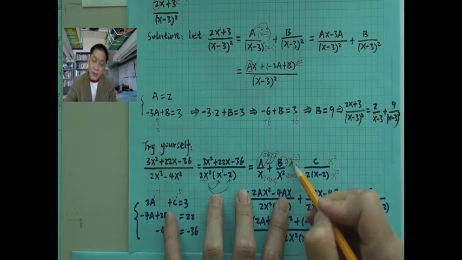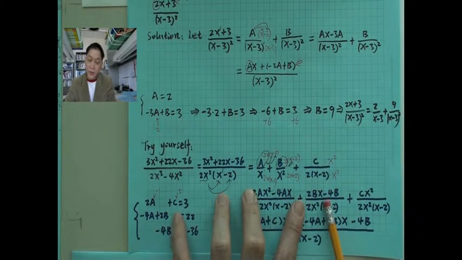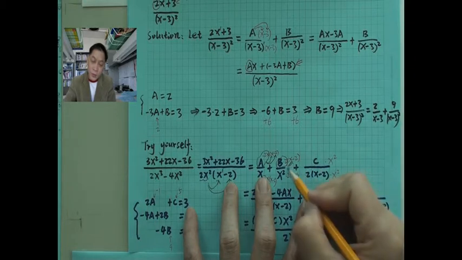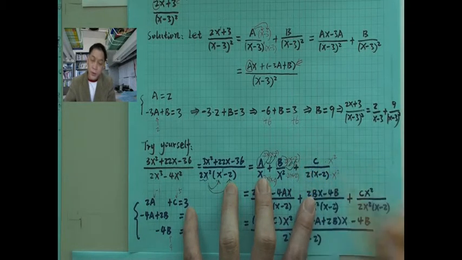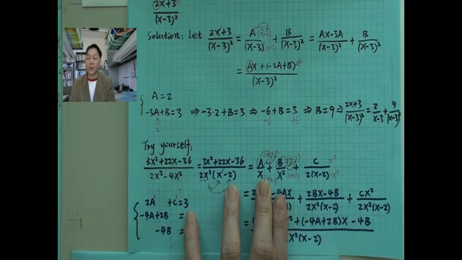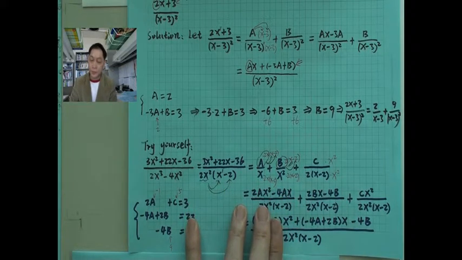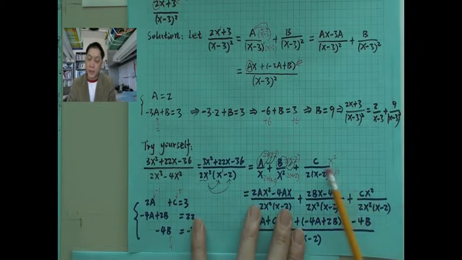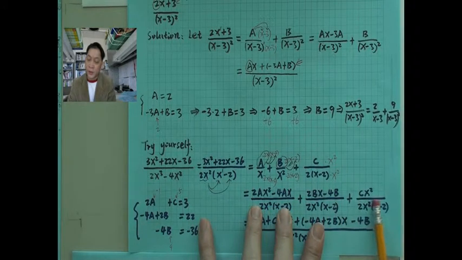2b times x is 2bx. And then 2b times negative 2 is negative 4b. Okay? Alright. Now here c times x squared is cx squared.